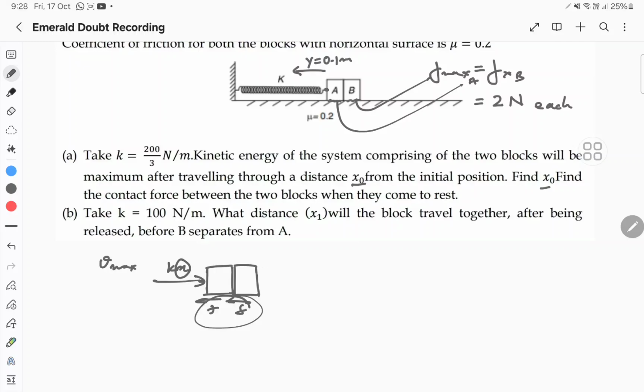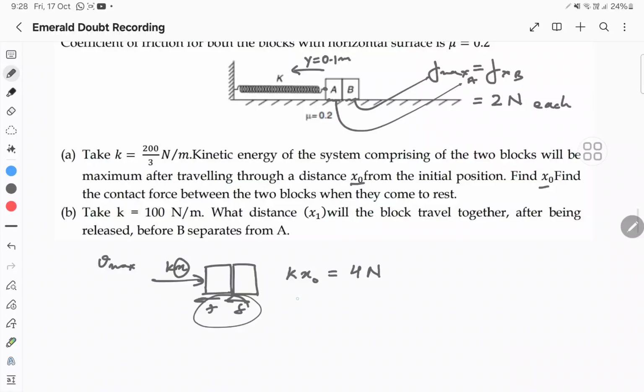They didn't ask us to find the velocity, so we won't write the kinetic energy equation. So K into x naught is equal to 4 newtons will give us the answer. K is 200 by 3 into x naught is equal to 4.